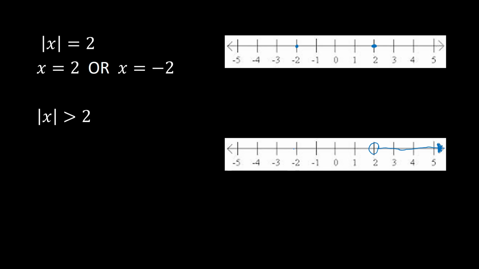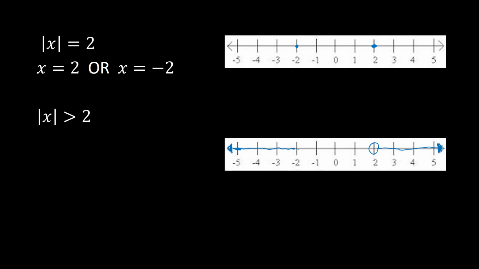Well, it could be -2 point something, very close to -2. It can be -3, that's 3 away. -4 is 4 away. -5 is 5 away. And anything on to infinity to the left would all be further away from 0 than 2. Be more than 2 away from 0.